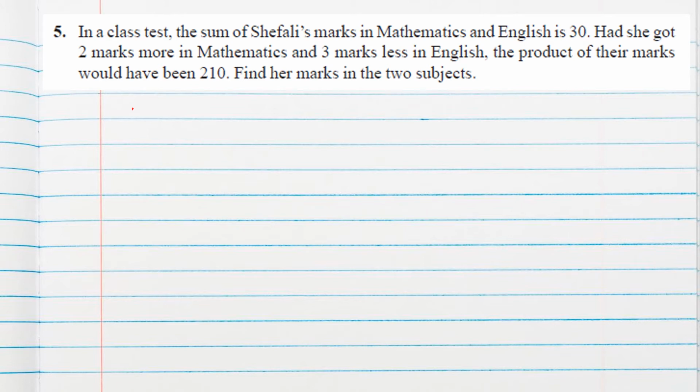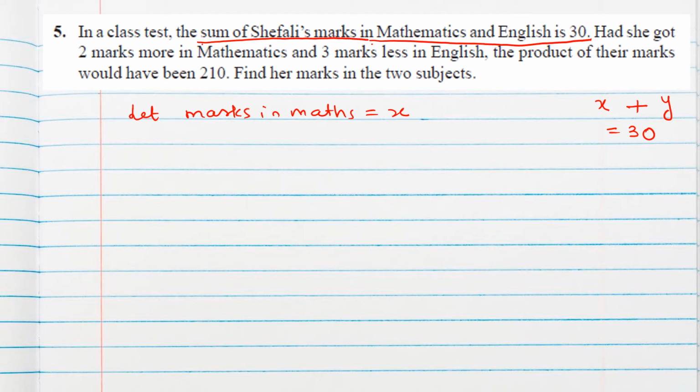Let marks in maths equal x. See, what is the condition given? The sum of Shefali's marks in maths and English is 30. So suppose x we supposed as maths marks and y is English marks. So the sum of these two is equal to 30.